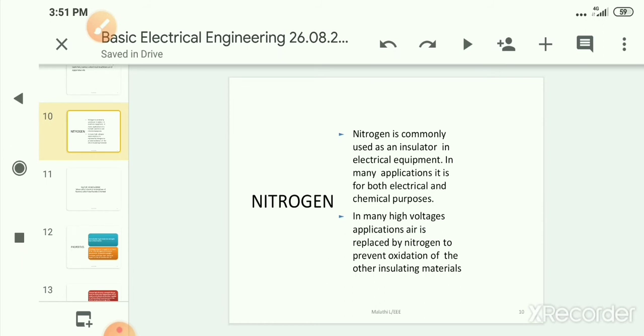That's why it is present in all living things, including human beings and plants also. Nitric acid, what is the formula for that? HNO3 and ammonia NH3 are the compounds of nitrogen, which are used in fertilizers. These are used in cultivation.